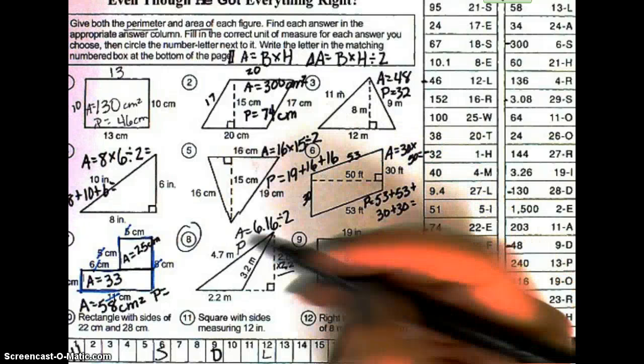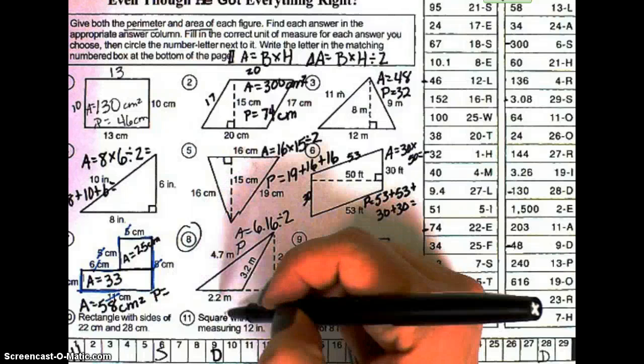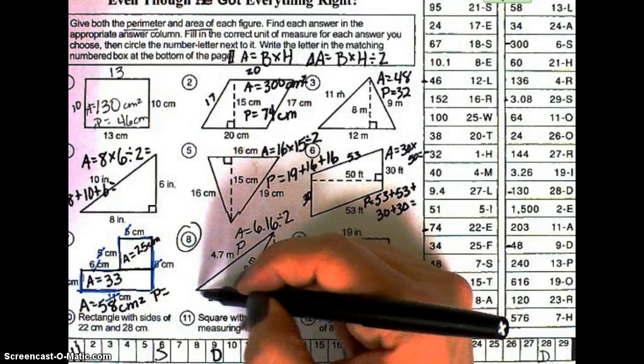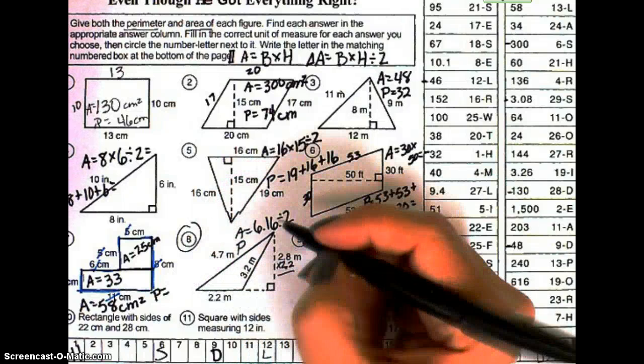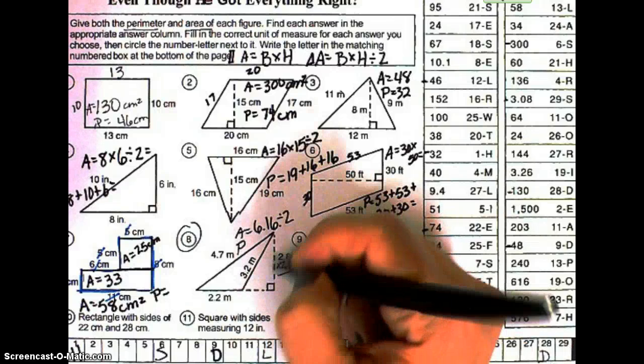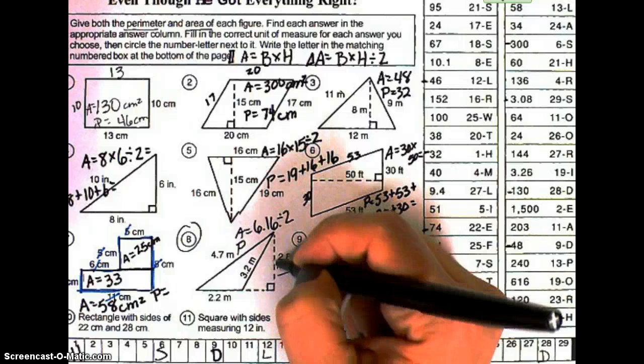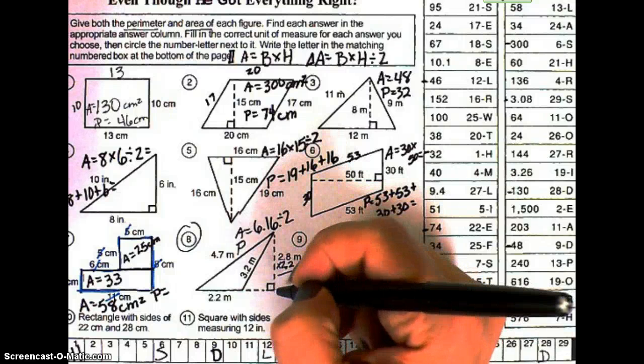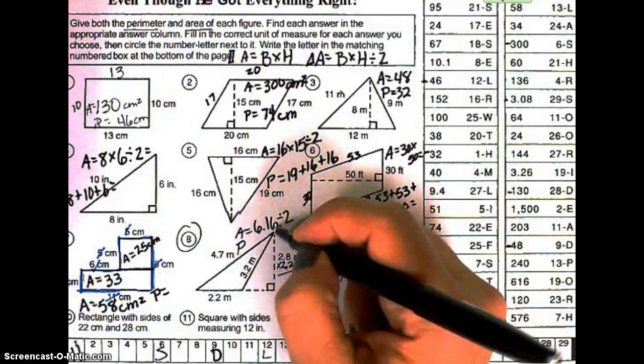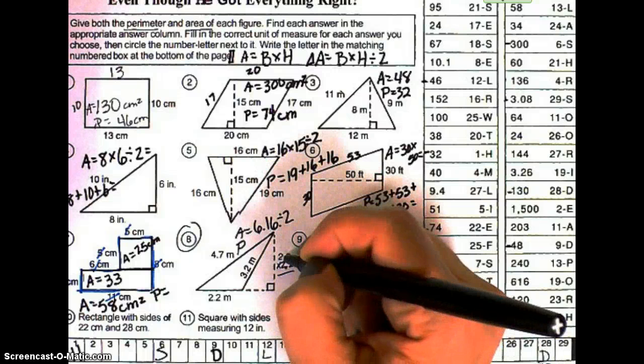We did this one in class, and again, your base for this one was that 2.2, and then we're multiplying it by the height, and the height on this one is on the outside. It looks strange, but follow those dotted lines up because we always want the shortest distance from the base to the top. So in this case, it's 2.8.